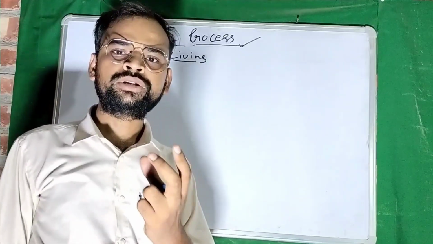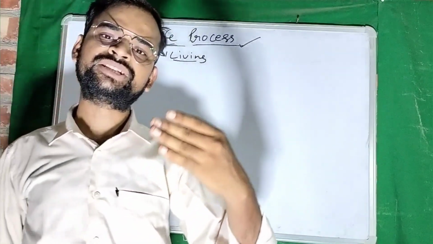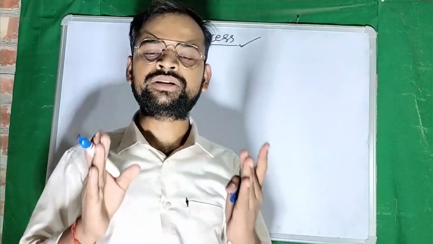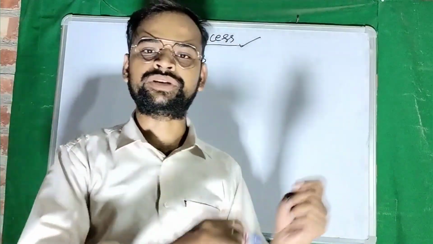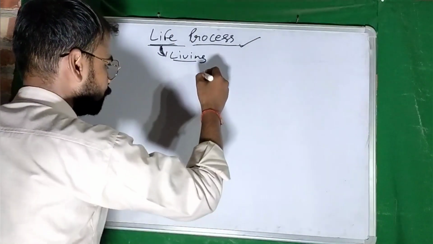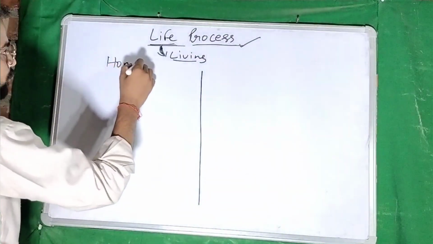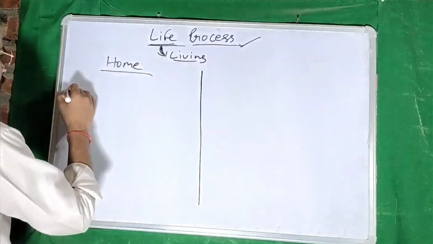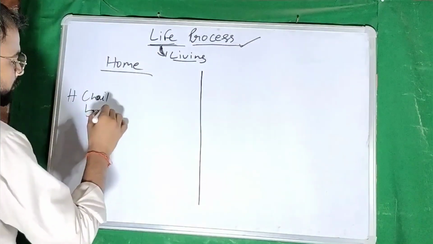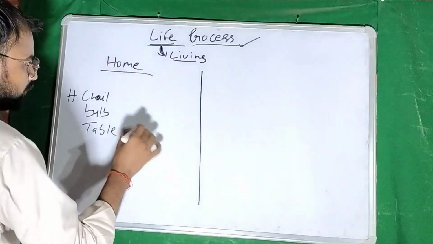We should know some differences between living and non-living. How can you say that something is alive or dead? There are some criteria by which we can differentiate between living and non-living. Suppose, for example, you are looking at your surroundings at your home.